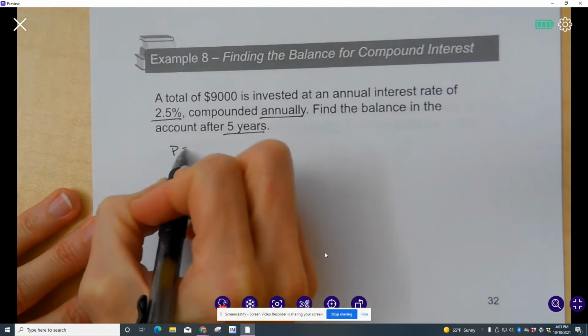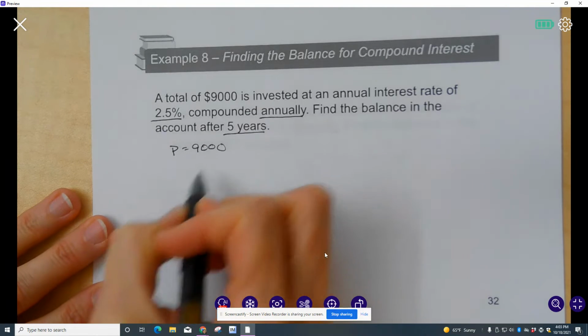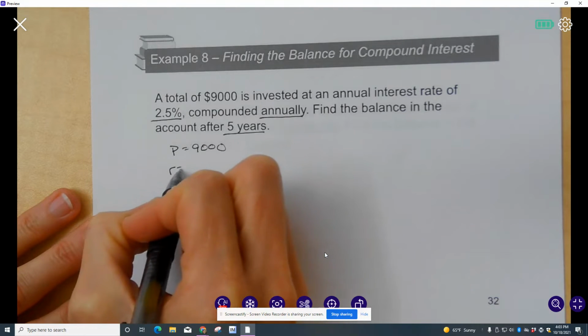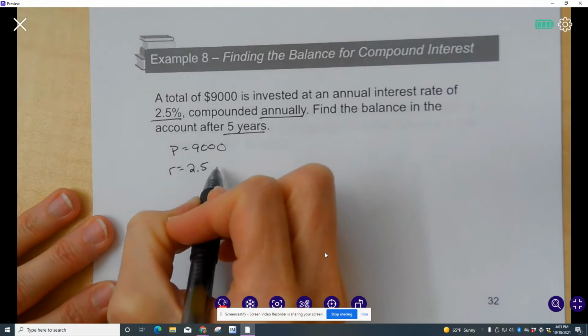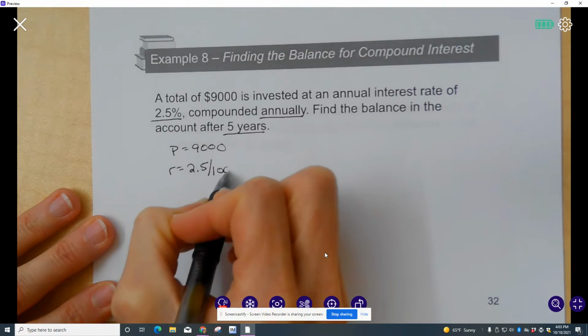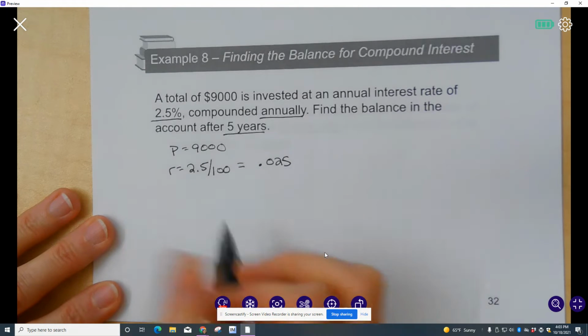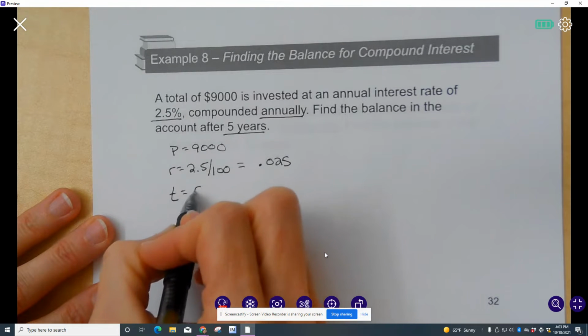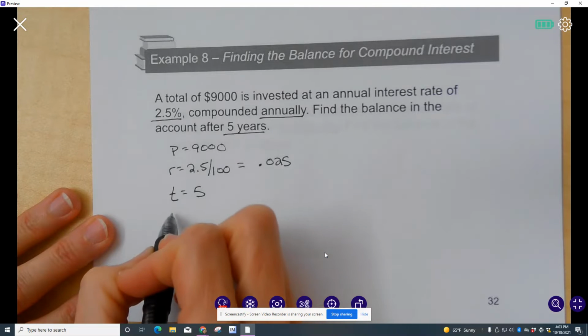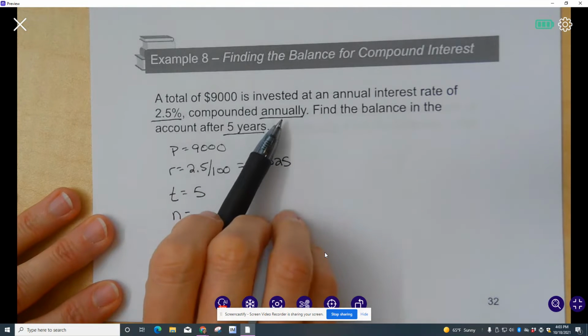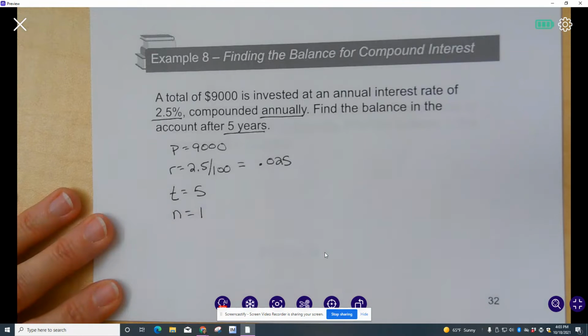So my initial amount is $9,000. My interest rate is 2.5, but remember we want to divide that by 100, which would be 0.025. My time, or my t, is 5 years. I am compounding annually, so that means n is 1.